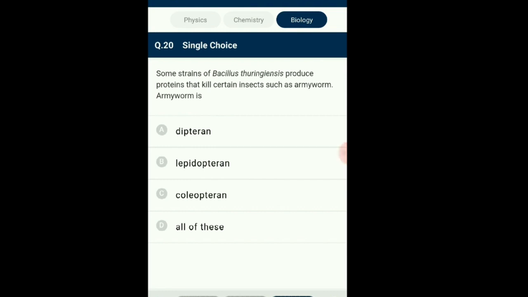Coleopterans are generally called beetles, and dipterans are generally called flies, mosquitoes. Lepidopterans are insects that have scales that cover the body and wings. Coleopterans are insects that have a sheath-like covering on the body. Dipterans are insects that have two pairs of wings. So the answer for this question is option B, Lepidopteran.